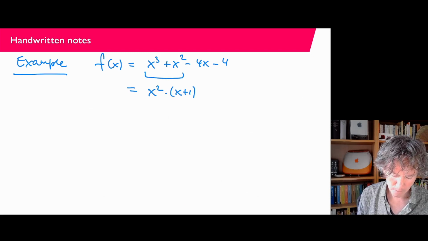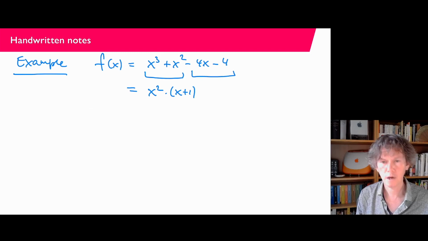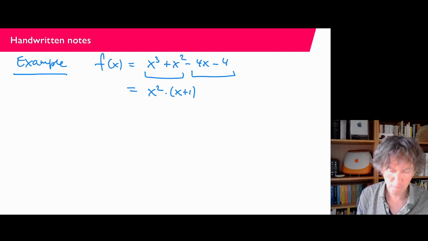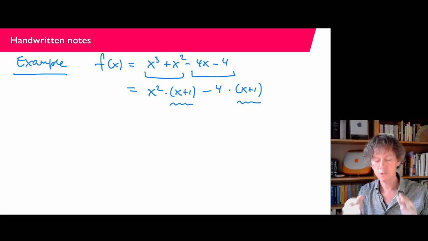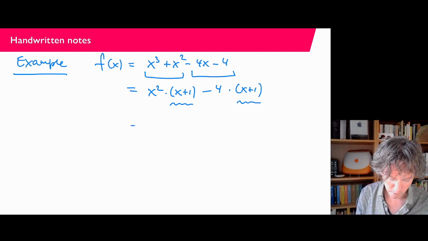And then the last two, I'm also going to pick them together, and I can pull out a minus 4. So minus 4 times x plus 1. And what you see now is that I have an x plus 1 and another x plus 1. So I can also take these two together, and I can write this as x squared minus 4 times x plus 1.